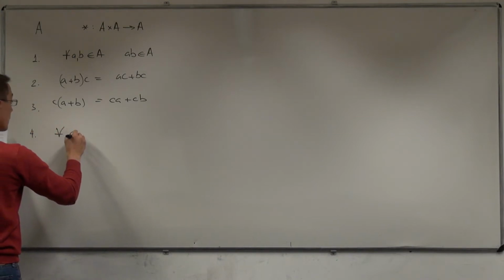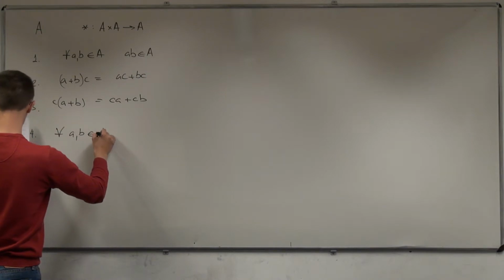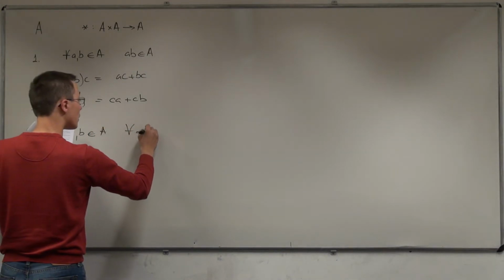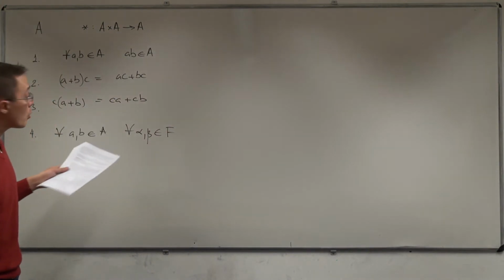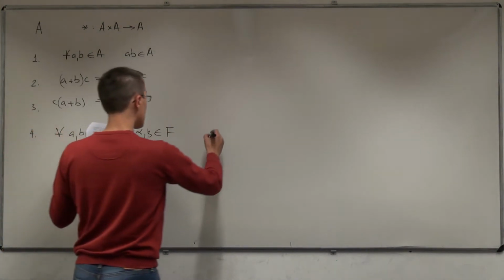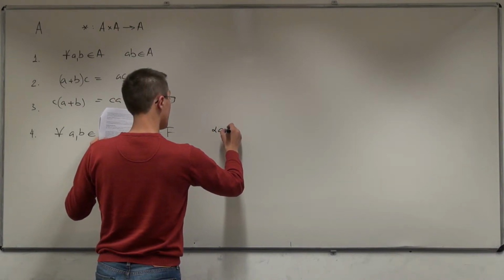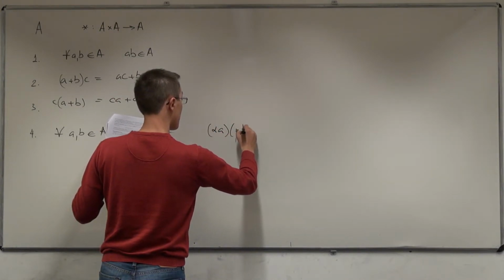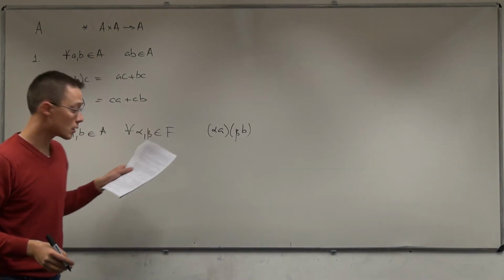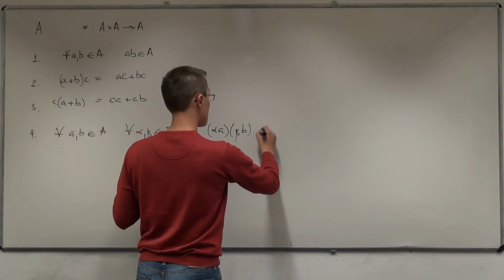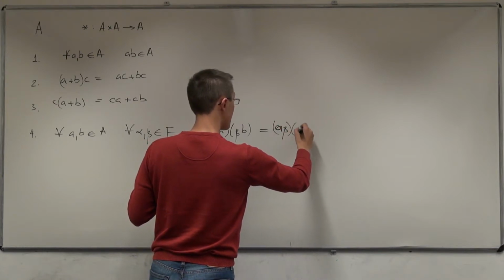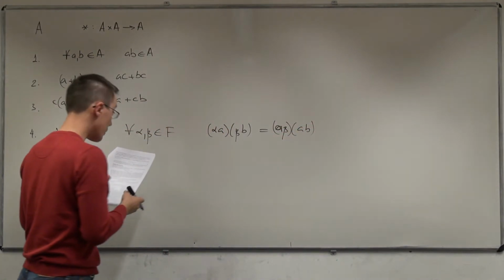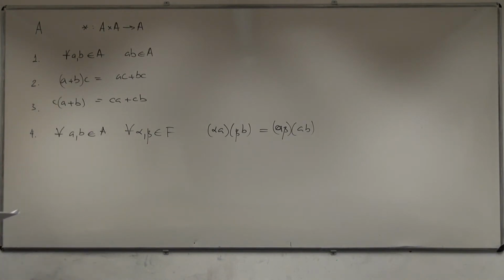So for any A and B belonging to the algebra, and for any alpha and beta belonging to the field over which the original space was, so complex numbers in our case, alpha A times beta B, we should be able to take the scalars out, so that should be equal to alpha beta, then AB. And if that holds, then we have an algebra.